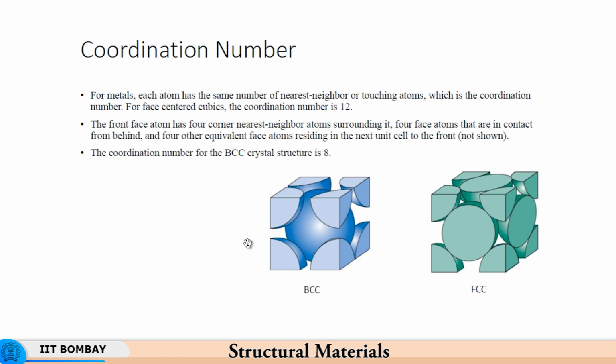So, for metals, let us say for the body centered cubic structure, this central atom has 8 atoms touching it. So, it has 8 nearest neighbors.